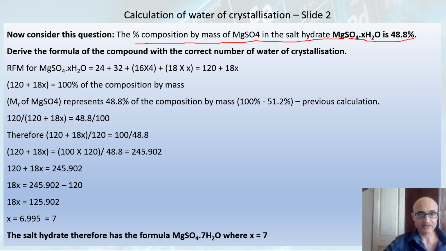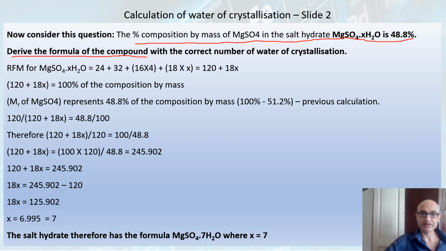What we're saying is the percentage composition by mass of MgSO4 is 48.8% of the total mass, given the formula MgSO4.xH2O. If I have that information, I can calculate what X is. In fact, what we're asked is to derive the formula of the compound. In other words, we're being asked to calculate X. Is X 1, 2, 3, 4?